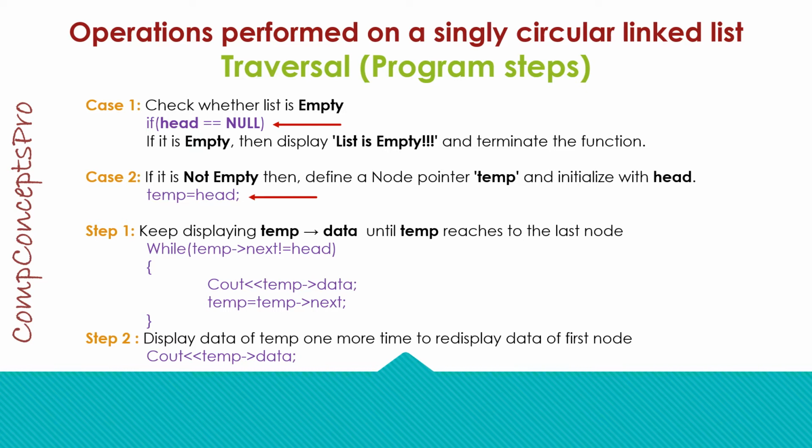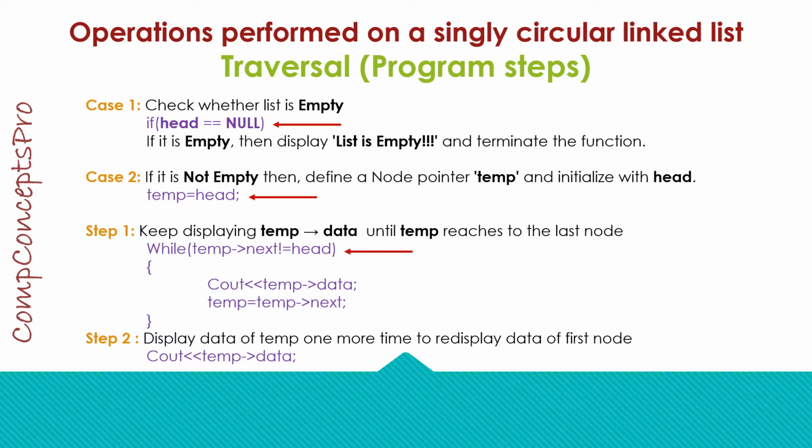After that, we'll write a while loop for displaying the data of each node. As you can see, the condition for this while loop is different than the ones that we used to write in case of non-circular singly and doubly linked list.